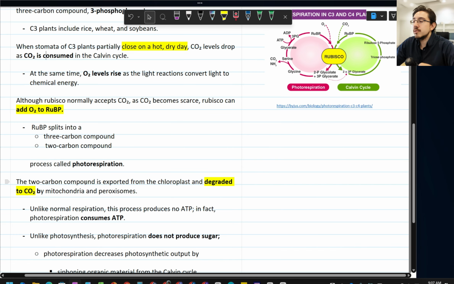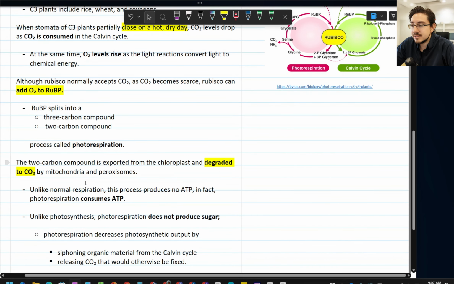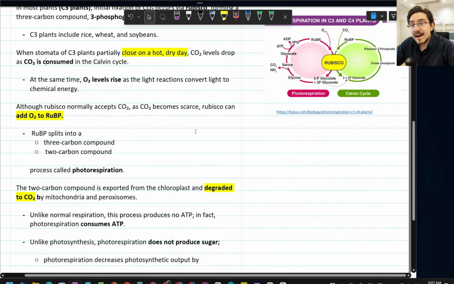Although Rubisco normally accepts carbon dioxide in the usual Calvin cycle, carbon dioxide becomes so scarce that Rubisco starts accepting oxygen.